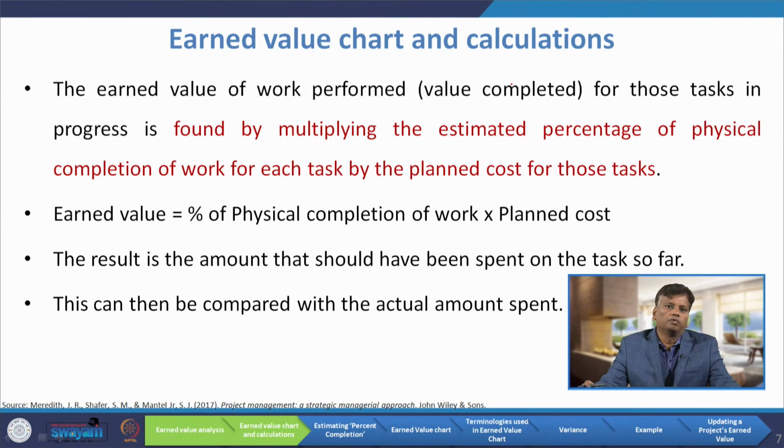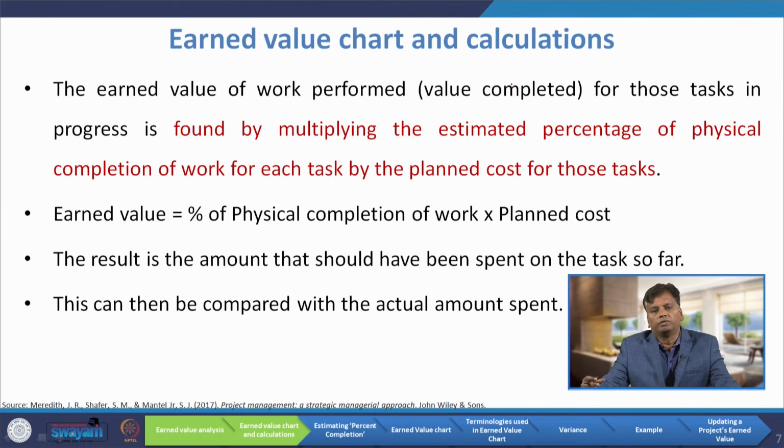The earned value for work performed, or value completed for those tasks in progress, is found by multiplying the estimated percentage of physical completion of work for each task by the planned cost of those tasks. So, in equation form, earned value is the percentage of physical completion of the work multiplied by the planned cost.